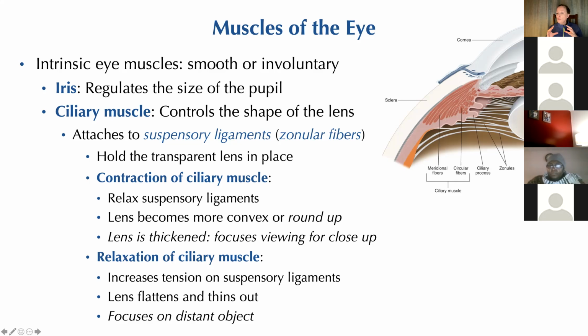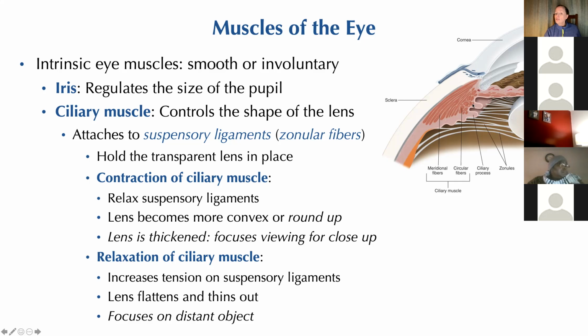And this will be part of accommodation. And we'll go over what's called accommodation, as your lens will adjust to looking at things that are up close to you or far away. All right. So contraction of this muscle allows these fibers here to go slack. So remember, when the muscle contracts, the fibers go slack, the lens rounds up.